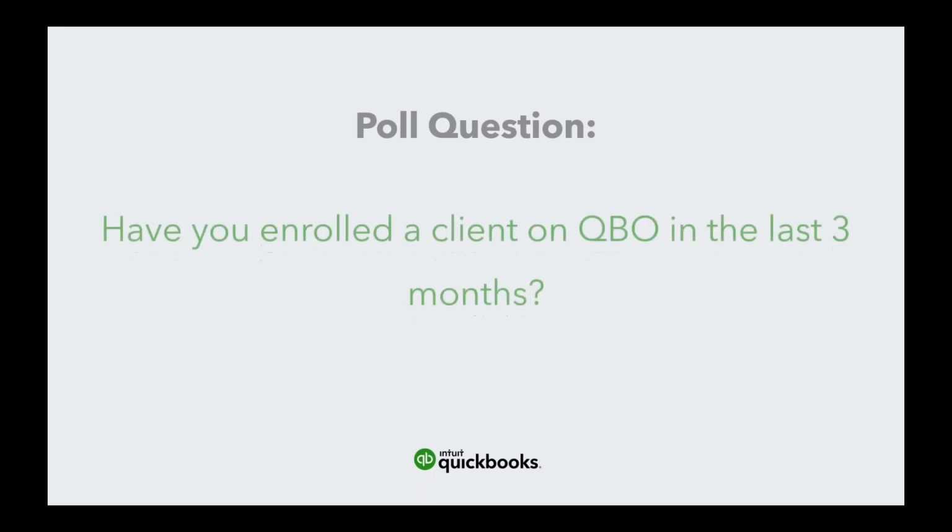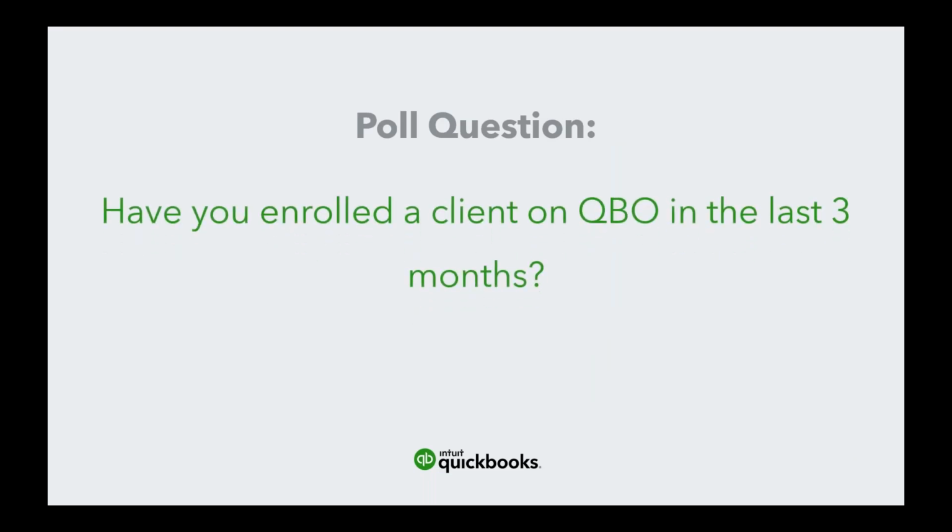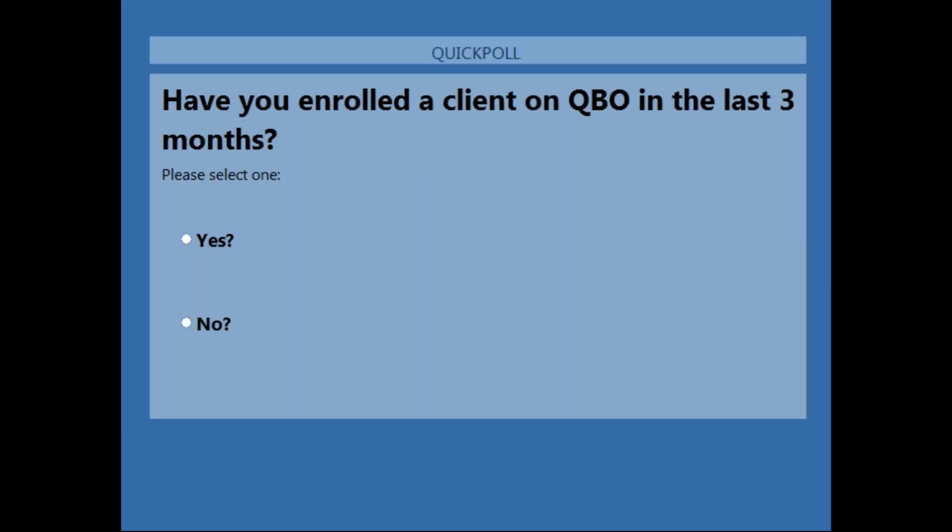Here's our third poll question, and then we're going to hop right into QuickBooks Online. Have you enrolled a client in QBO in the last 3 months? We are at 82% voted, 11 seconds. 82%, 87% voted.